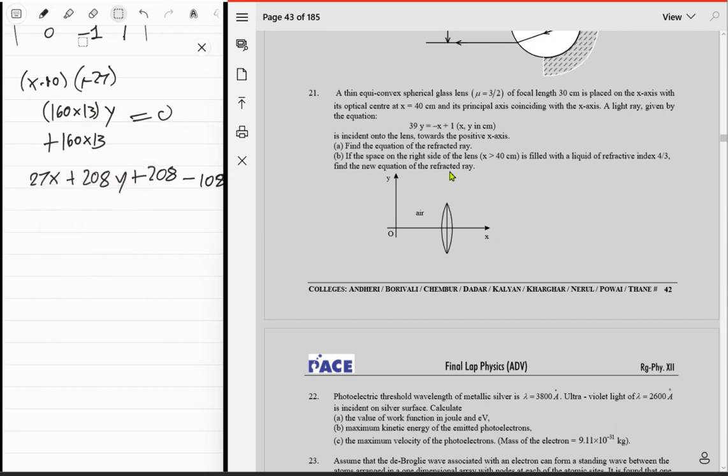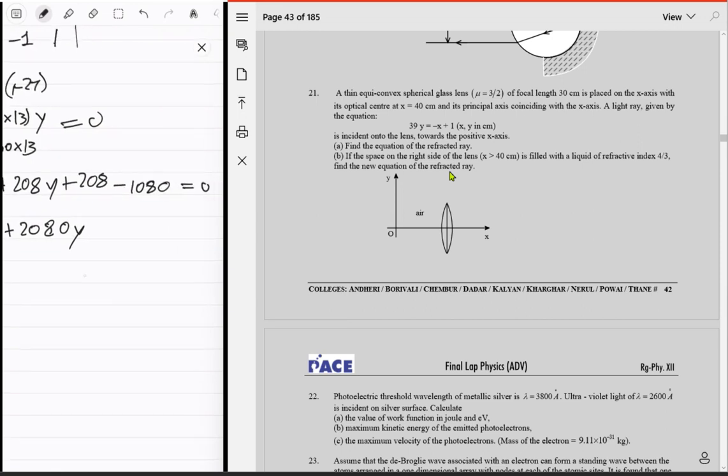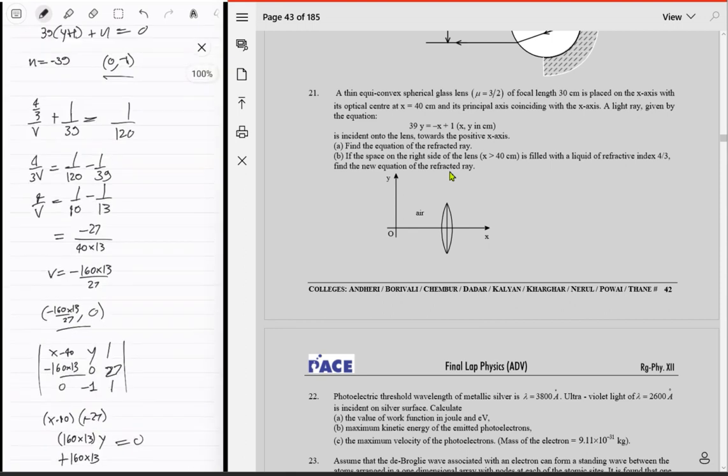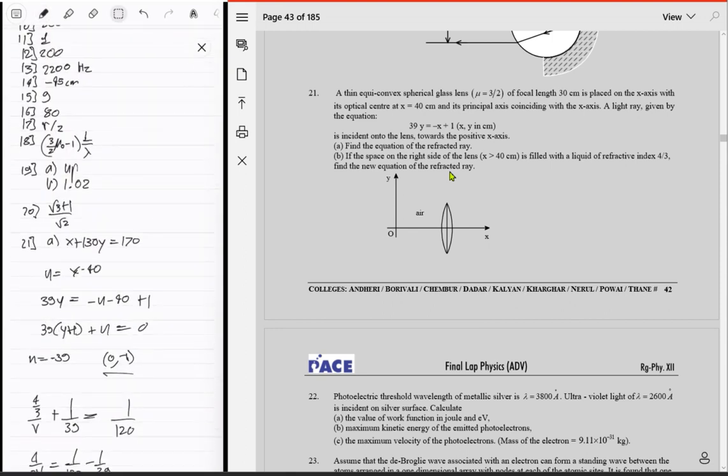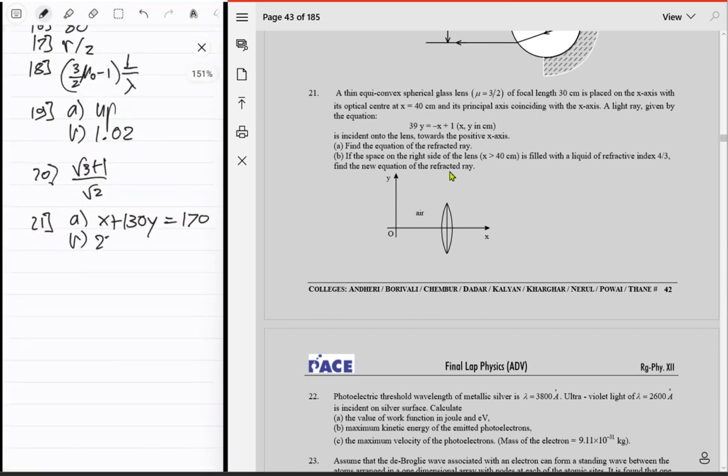Okay, so what is this? It's just 27x plus 2080y. Then here 2080 minus 1080. It's just like 1000 equal to 0. Right, that's our equation. So the answer to this is B. 27x plus what was it? 2080.